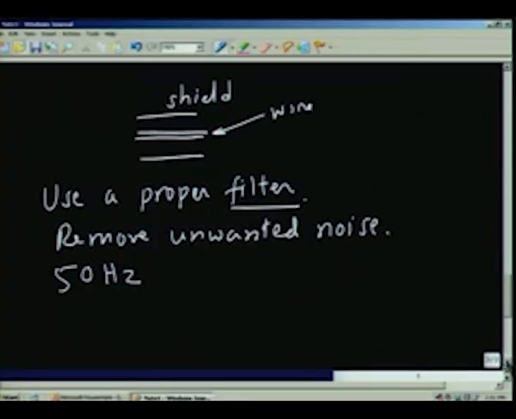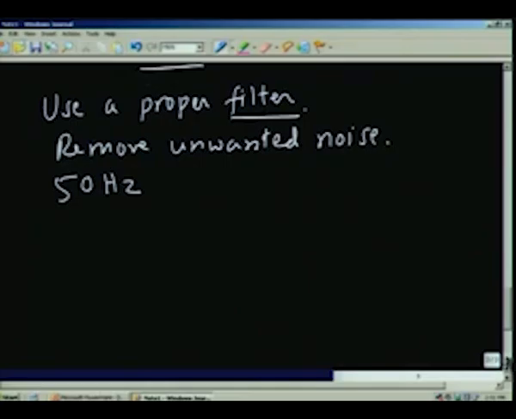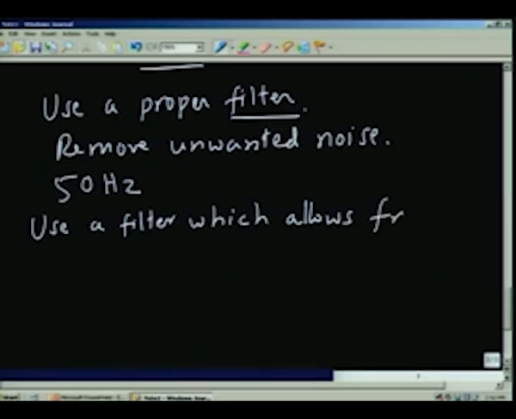So, we can use a filter which allows frequency much larger than 50 hertz.